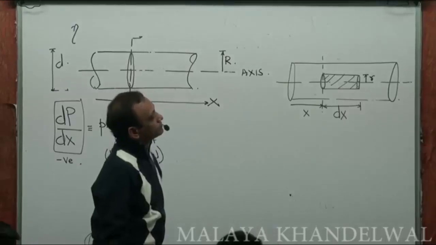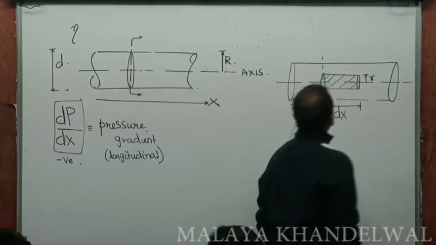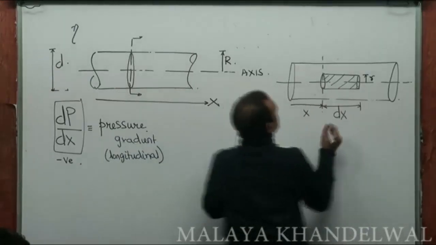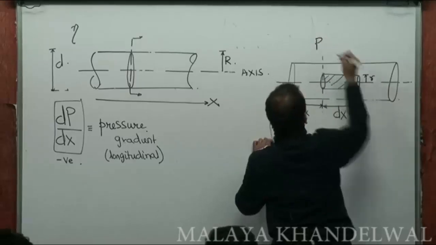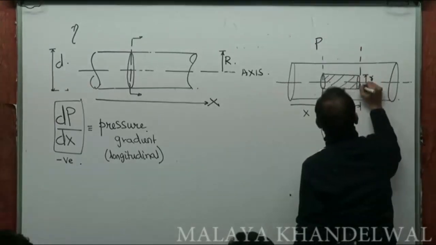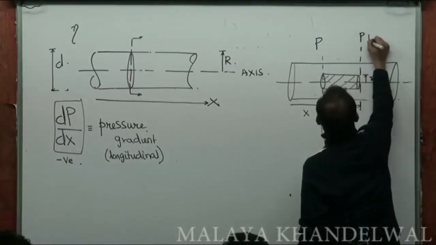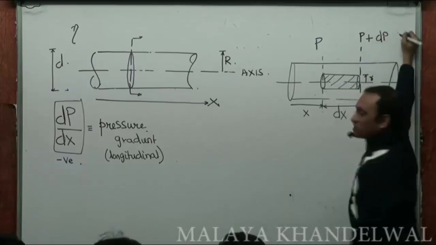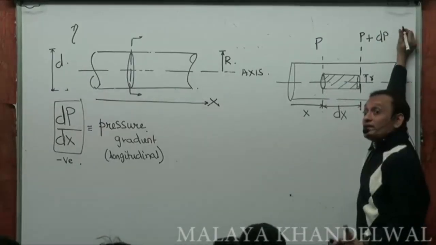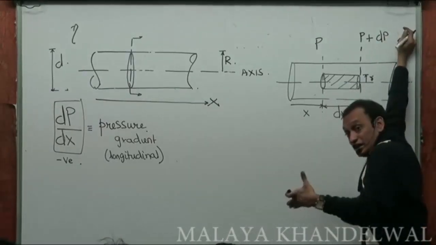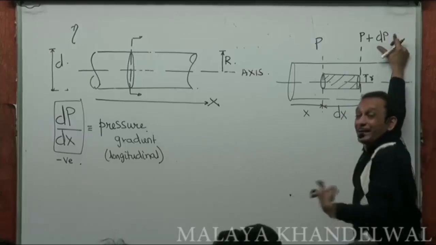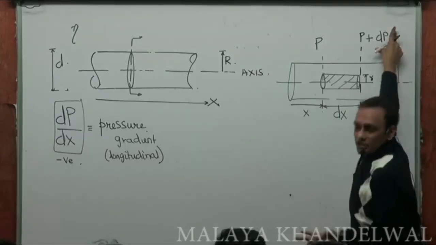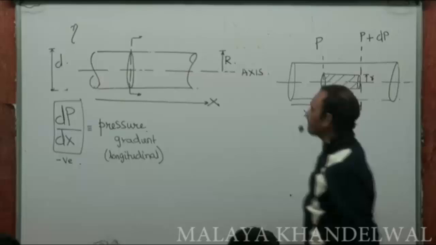Now, on this, suppose the pressure at x is P and the pressure at x plus delta x is P plus dP. dP is the change in pressure. It's another story that dP will be negative because pressure is decreasing with x. This is the algebraic change in pressure, right?